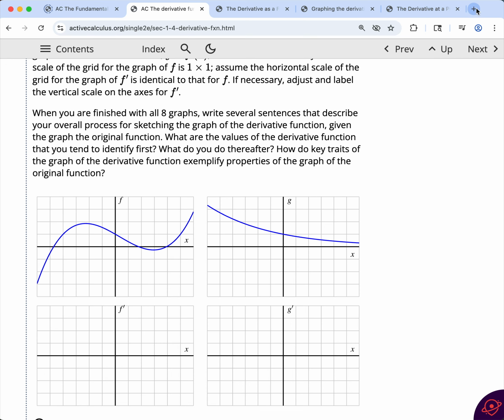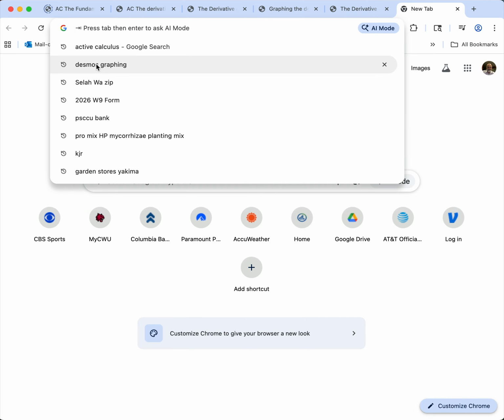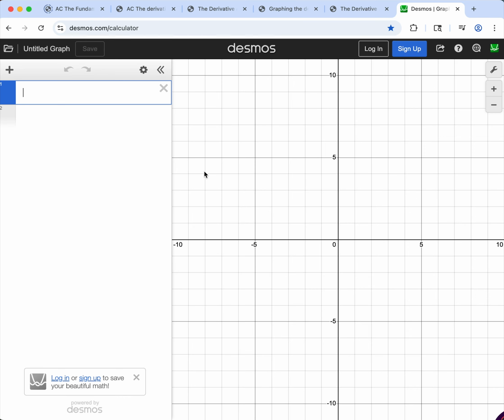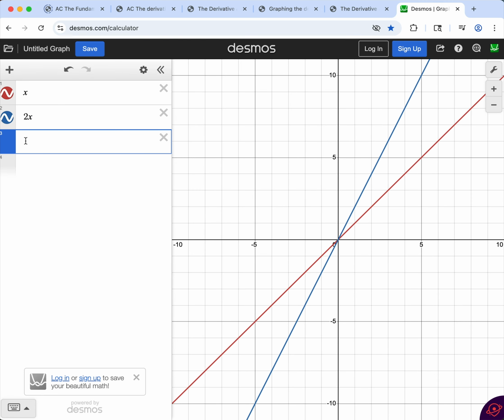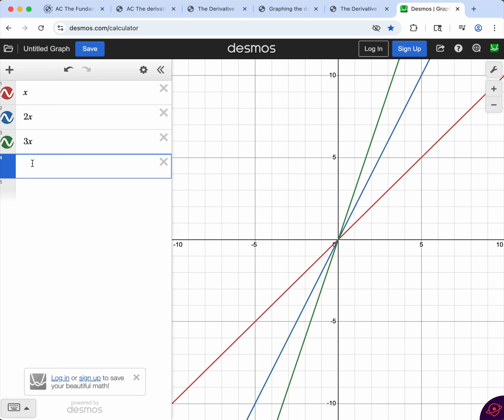So I'm going to pull up Desmos, and I'm going to draw for you a slope of 1, a slope of 2, a slope of 3, a slope of 4. So you can kind of visualize these a little bit.